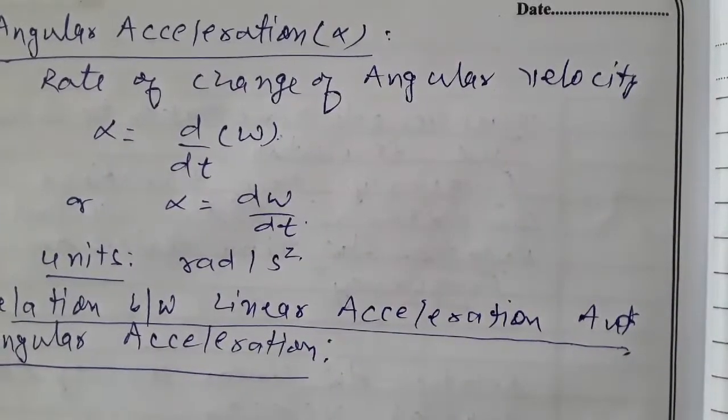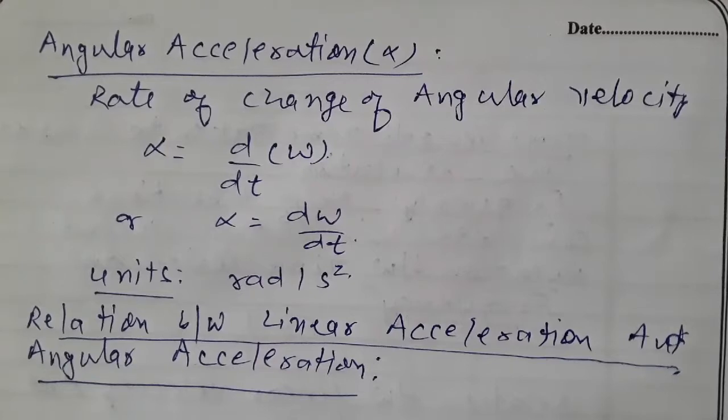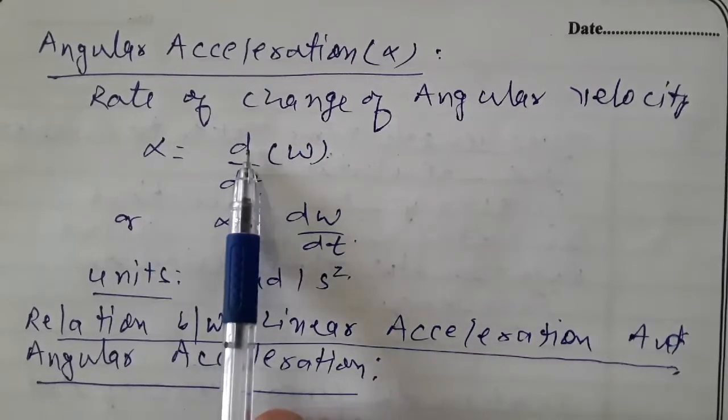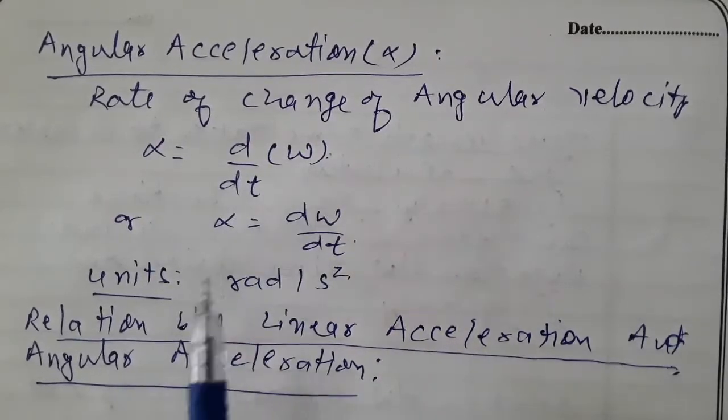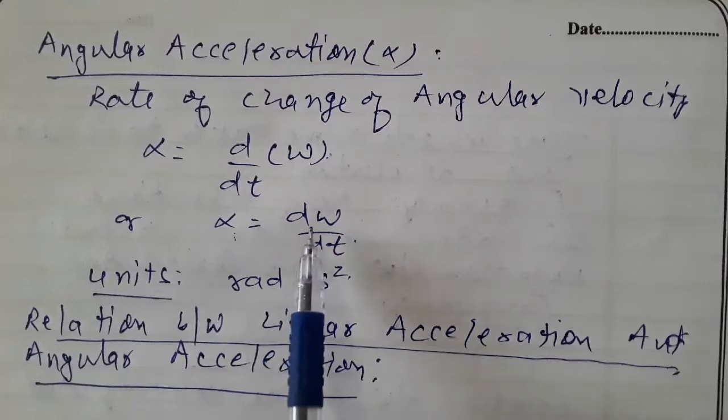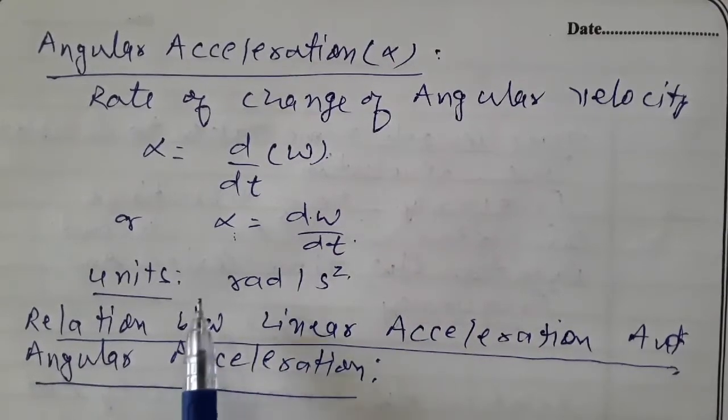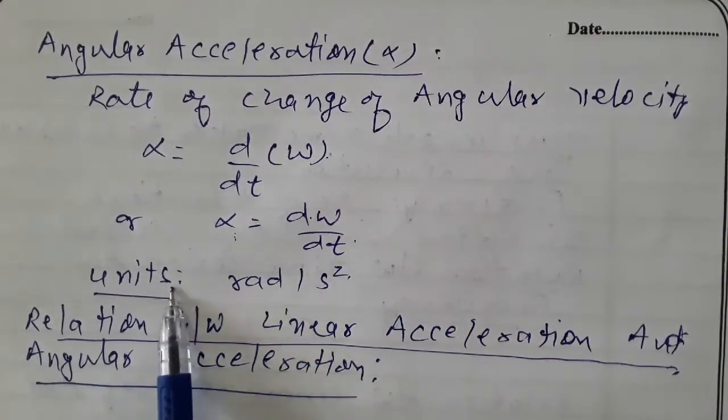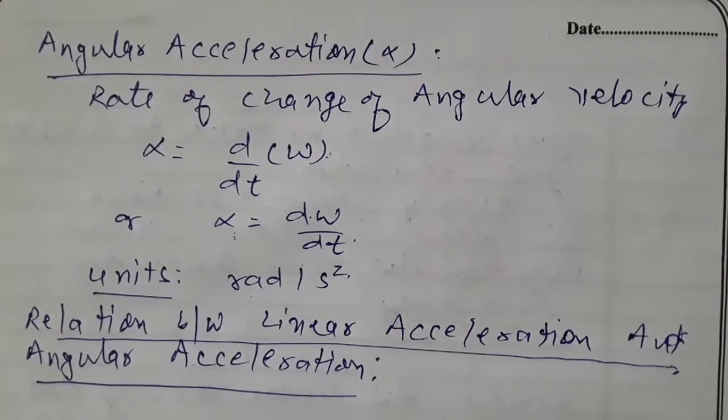Now the next topic is angular acceleration. It is defined as the rate of change of angular velocity. So alpha is equal to d by dt of omega, or alpha is equal to d omega upon dt. The unit of angular acceleration is radian per second square. Similarly, we can find the direction of angular acceleration using the right hand rule, as explained earlier for angular velocity.